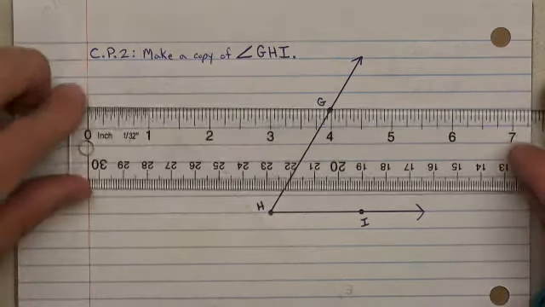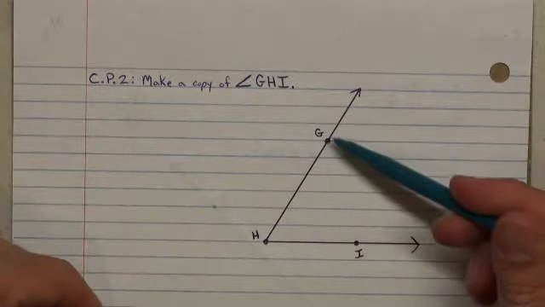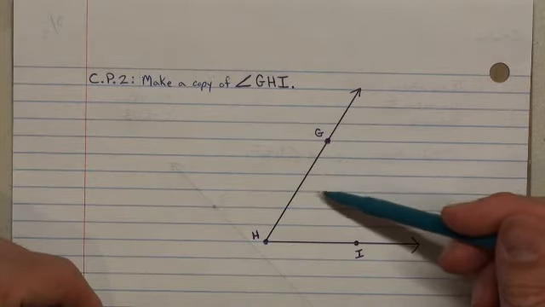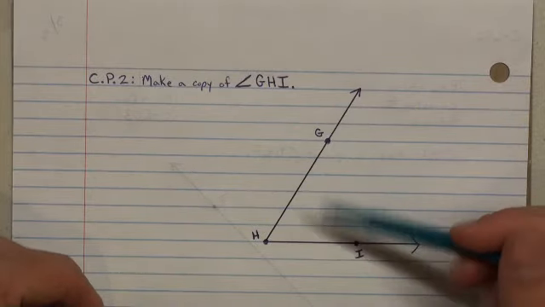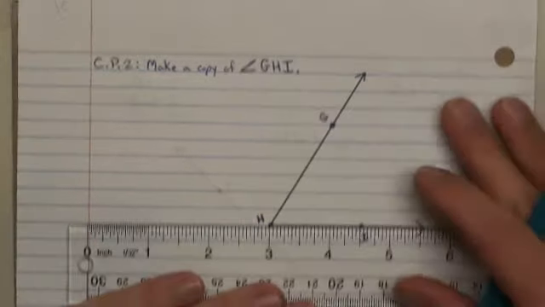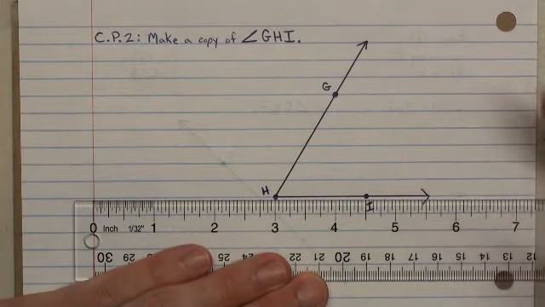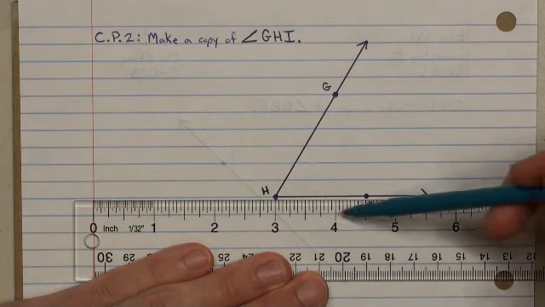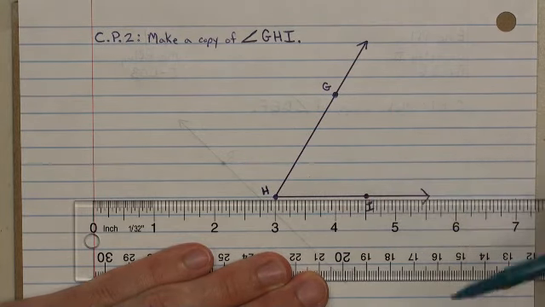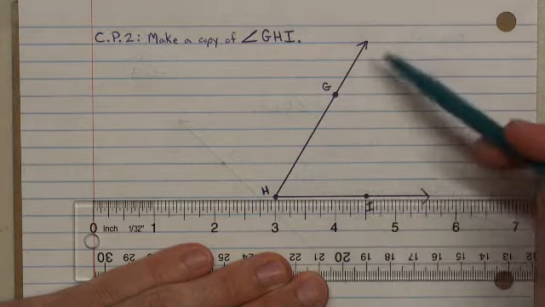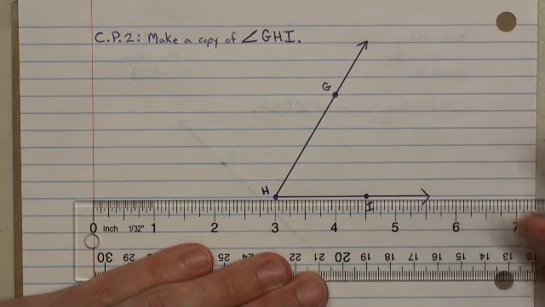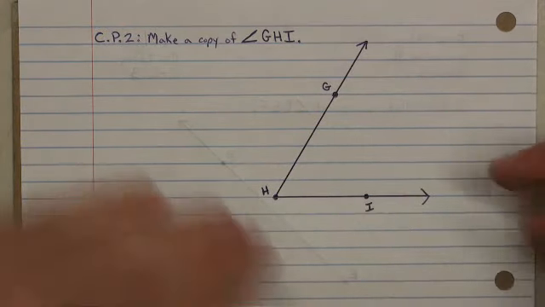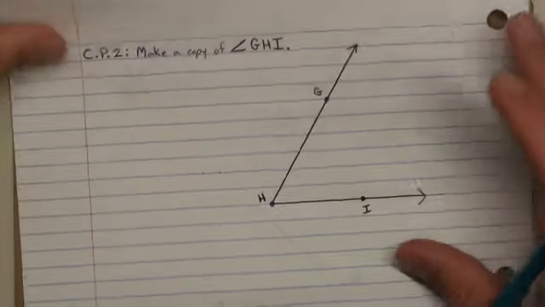Then I went down from this line 6 lines, and I measured in 3 inches and made a dot, and I measured in 4.5 inches and made a dot. Then I just connected my lines and went about 1 inch past with the arrows, and label your points G, H, and I. And then you can make a copy of that construction in the space provided below.